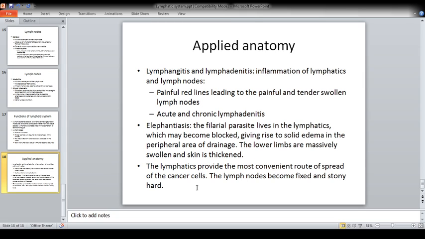So the lymphatic channels are a very convenient route of spread for the cancer cells.